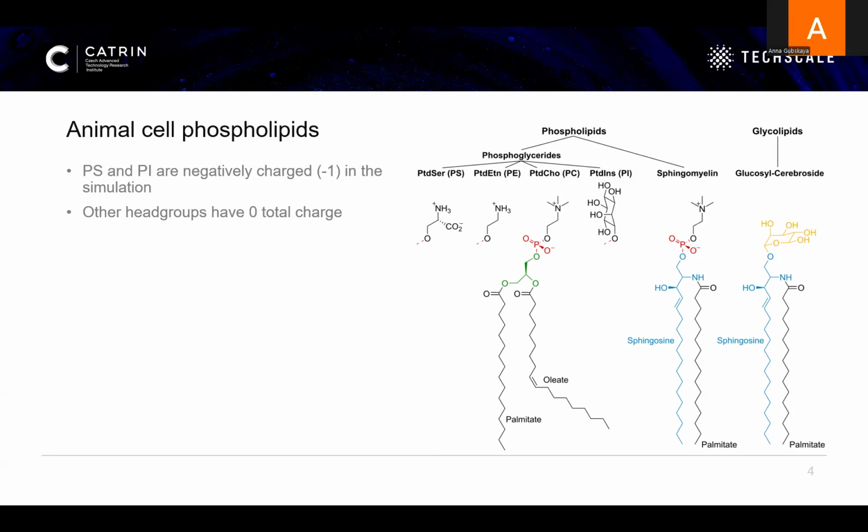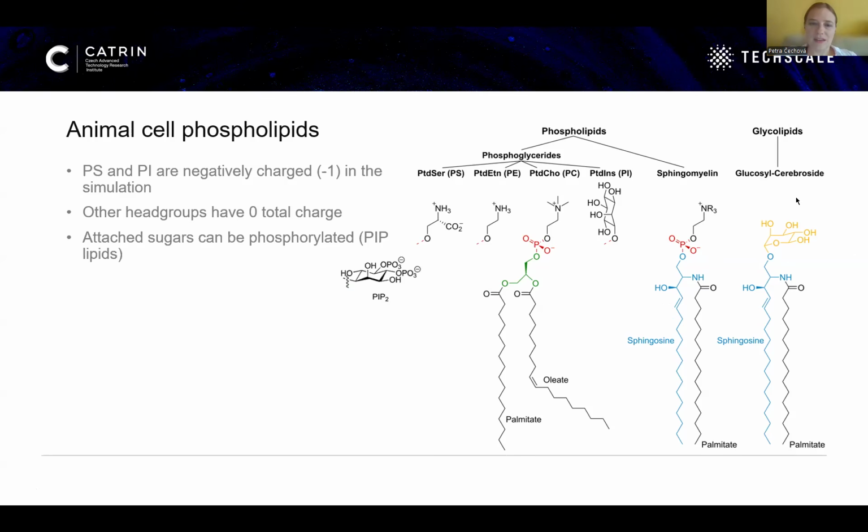Then there are sphingomyelins. These are lipids that instead of having a glycerol phosphate connection, they have sphingosine, which is crucial because it has this double bond which makes the lipid stiffer. So it plays a crucial role in stiffening the membranes. And then there are also glycolipids, which also play a role in the signaling outside of the cell and in immune systems.